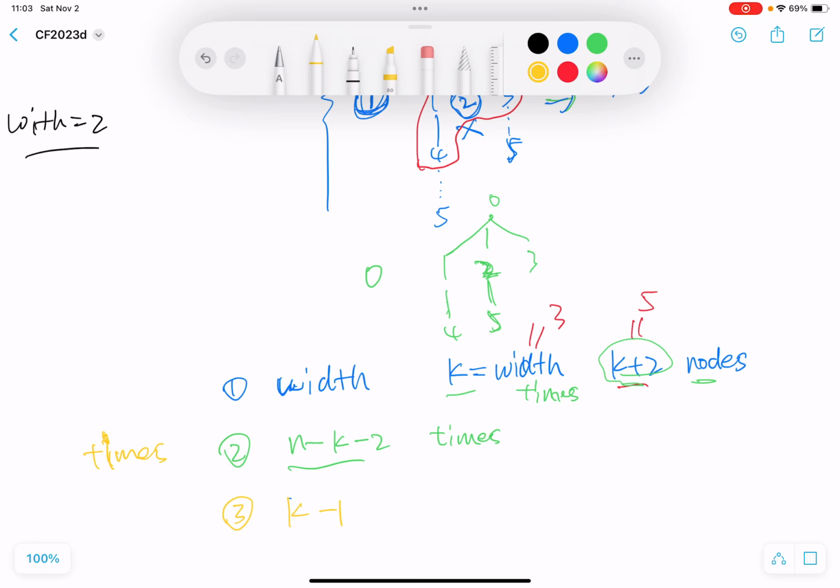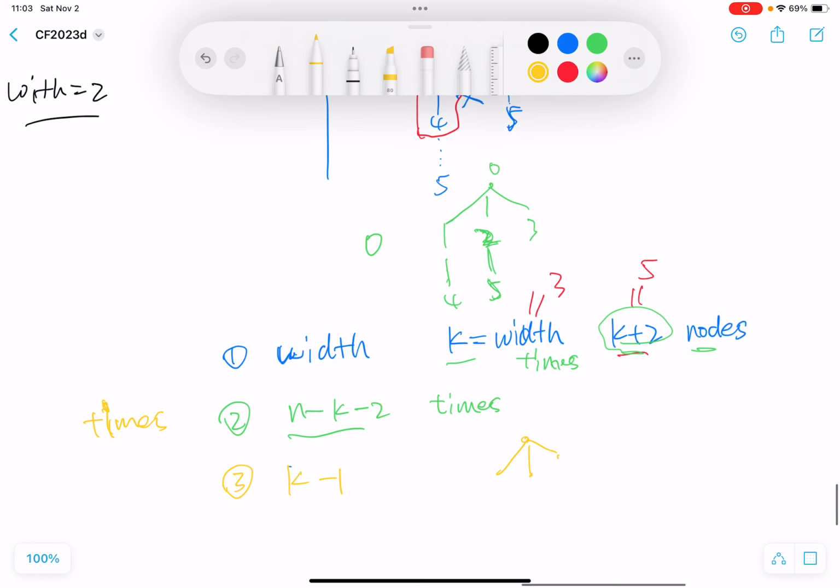after we know there are only, we waste k minus 1 times. That means there are only, for example, 0 1 2 3 4 5.